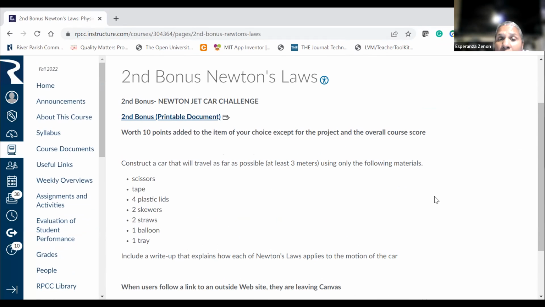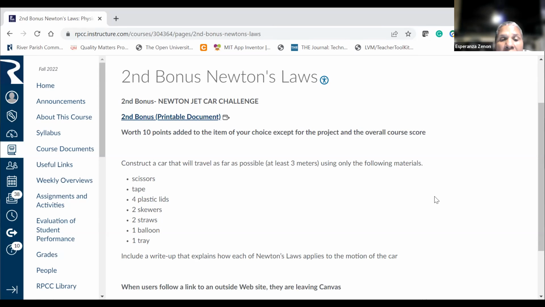You could add it to problem sets, to discussions, or to the midterm. You can't add it to the project. You could add it to the final exam even if you wanted to. You can't add it to the project or the overall course score. Those are the exceptions, okay?